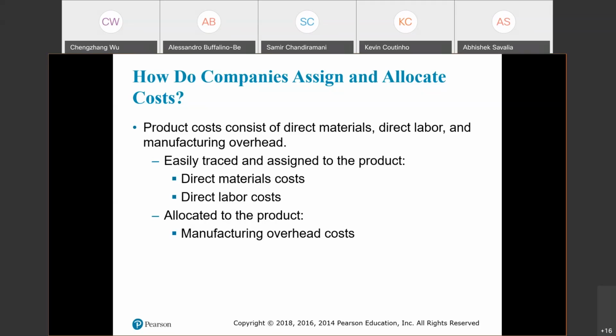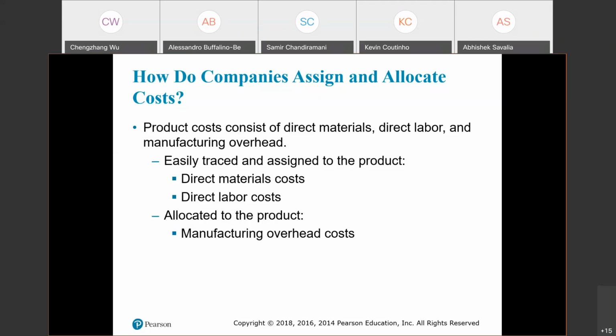And also, some other examples include the depreciation, the salaries for production supervisors, and sometimes this part also includes the glue, thread, or other indirect materials that cannot be cost effectively traced to specific products.